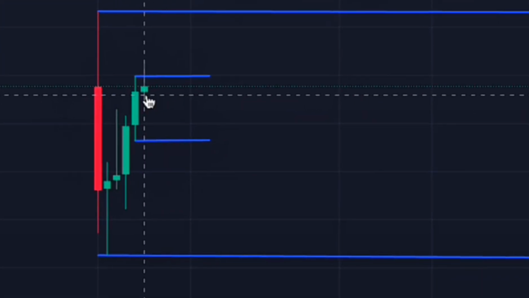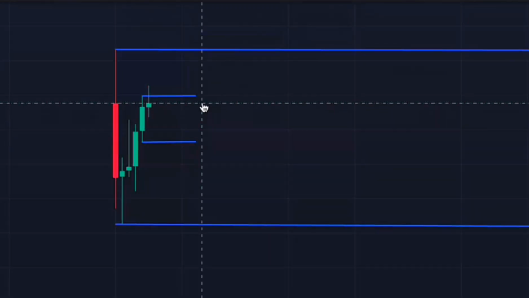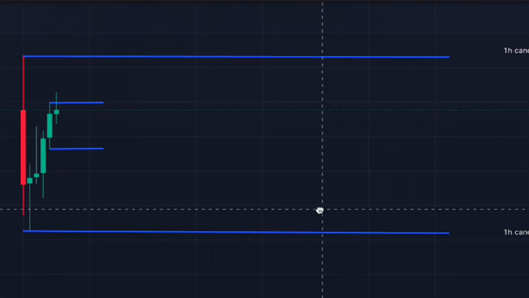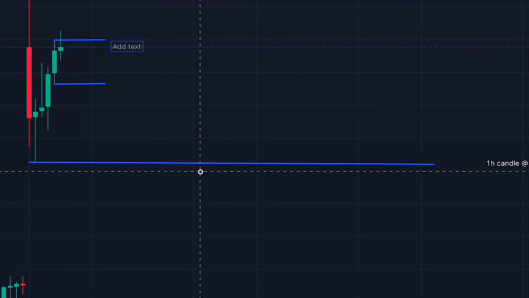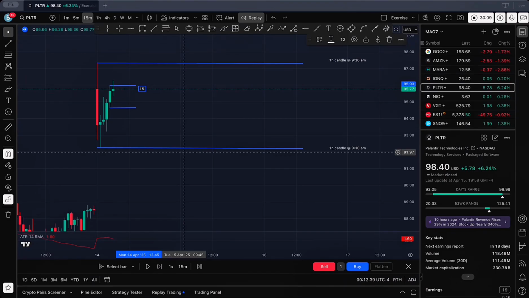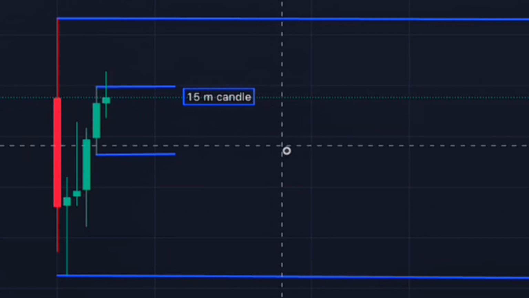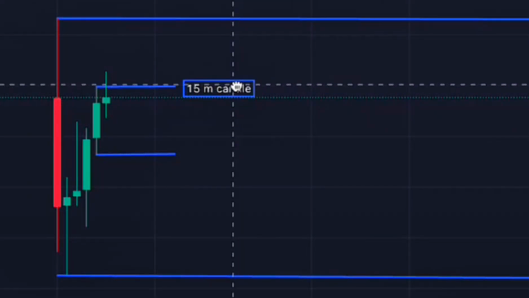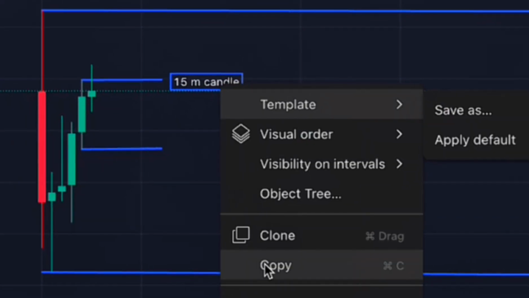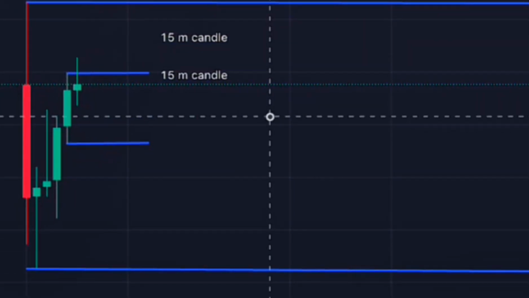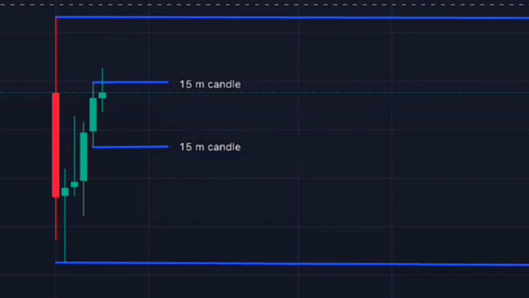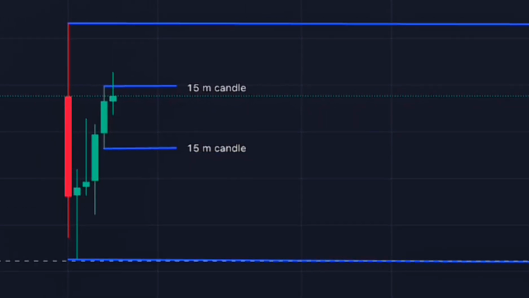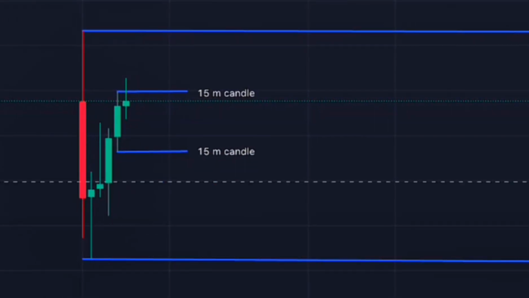Okay, so as you can see here, we have the second candle that was printed inside. Let me write here, this is 15. That's a 15-minute candle. Okay, this is the 15-minute candle here, and we have this one here.